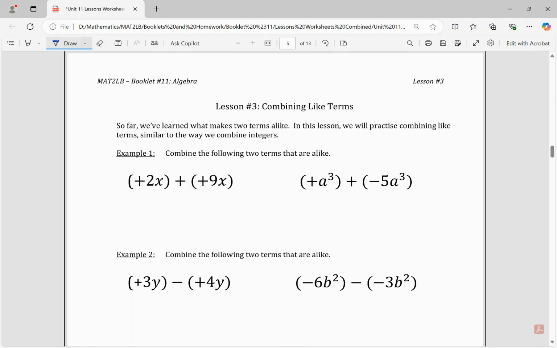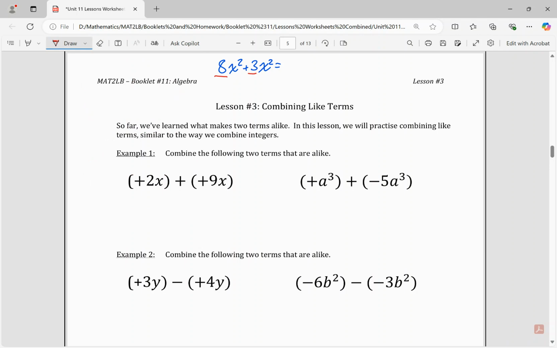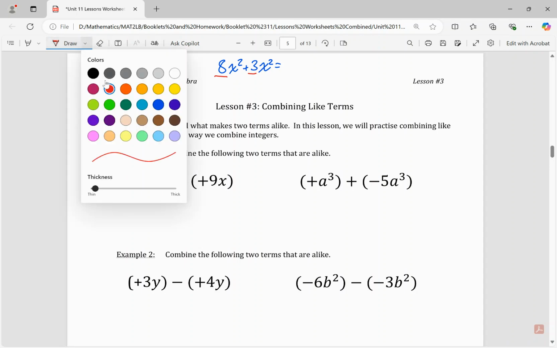Let's imagine that you have 8x squared plus 3x squared. These two terms are alike because they both have the same variable x and the same exponent, which is 2. Because they're alike, when I add them together, I simply need to add up the coefficients, 8 and 3.